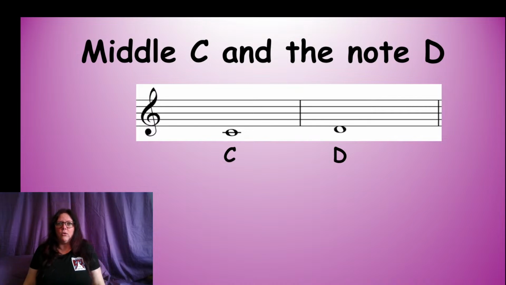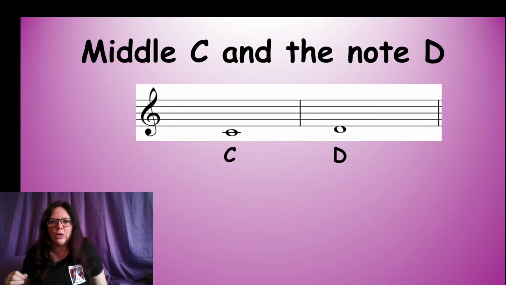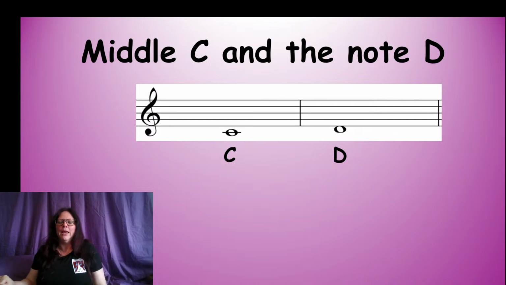There's no right or wrong in this, but middle C is very special. And it's not because it's the C nearest the middle of the keyboard. That's a good way of remembering it, but that's not why it's called middle C. We could have an entire lesson just on middle C, but we're not going to do that.